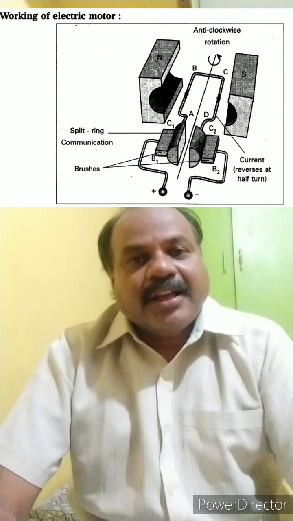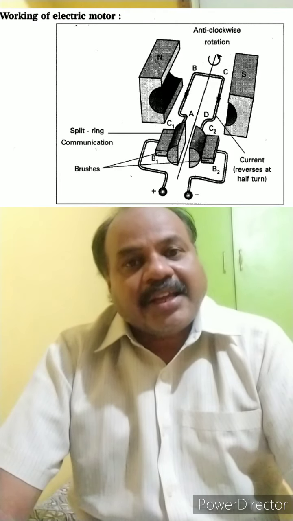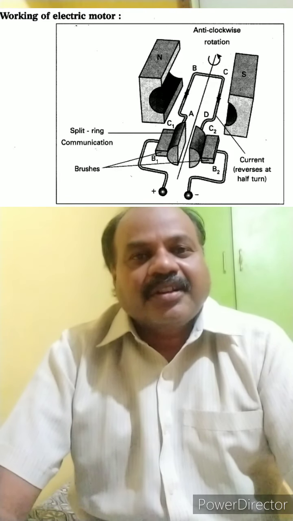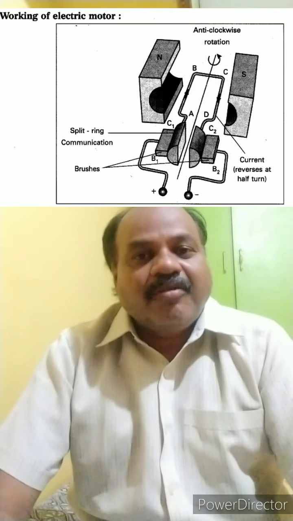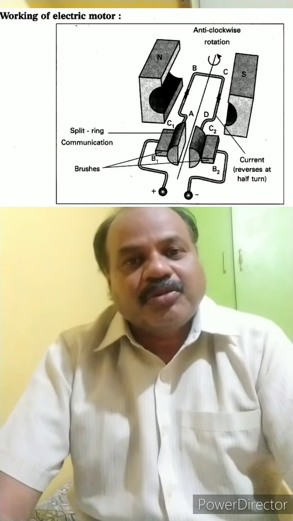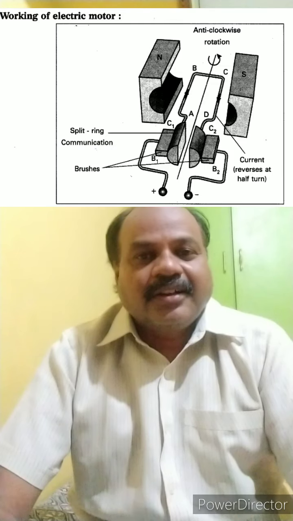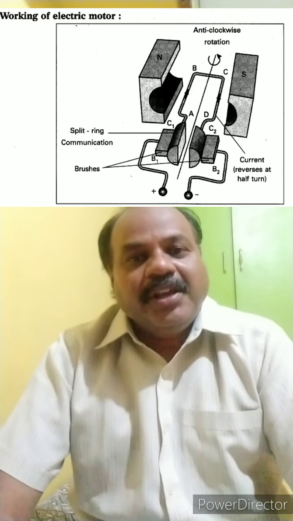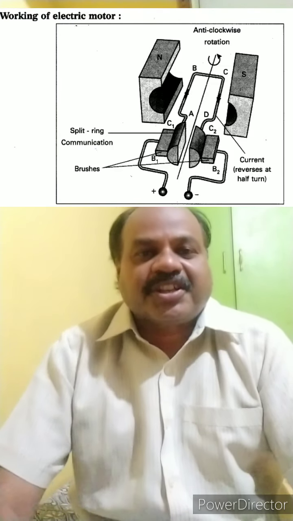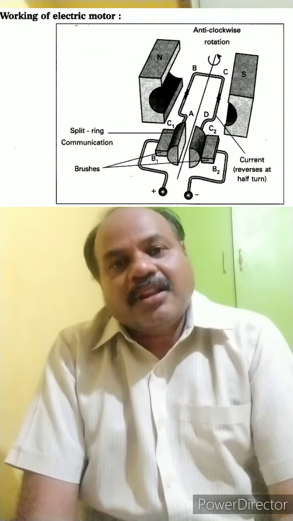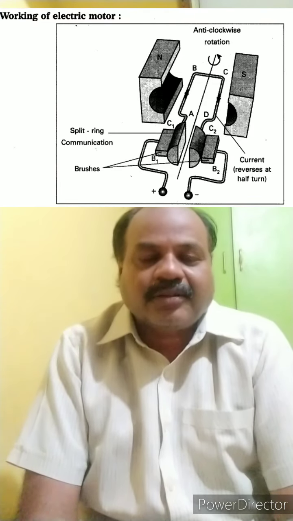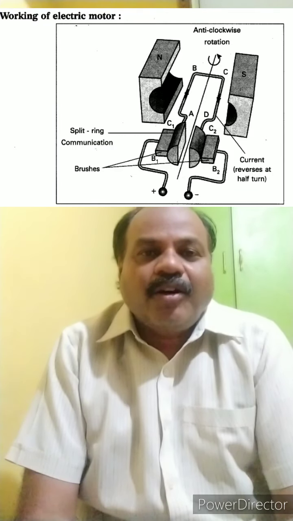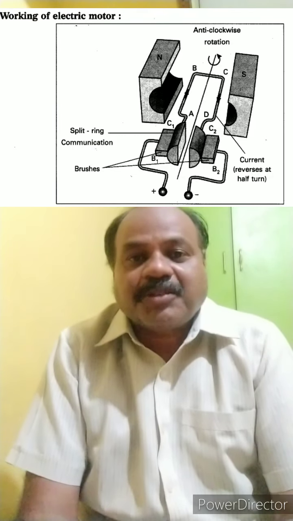Second one is NS magnetic poles, which are in concave shape. Third one, C1, C2 slip rings. Fourth one, B1, B2 carbon brushes. These are the 4 parts we need for the construction of electric motor. Now, we will see the explanation.